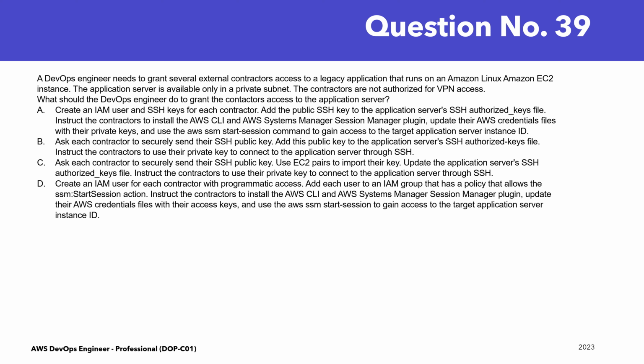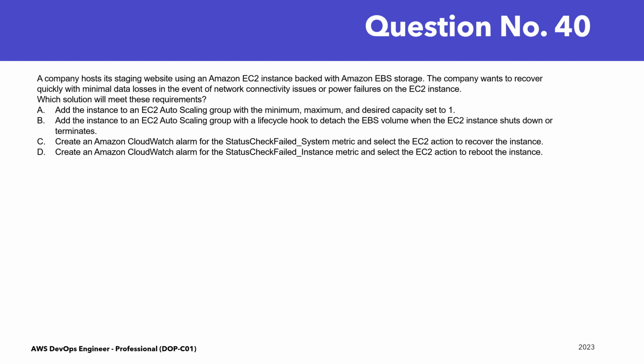Instruct the contractors to install the AWS CLI and AWS Systems Manager Session Manager plugin, update their AWS credentials files with their access keys, and use the AWS SSM start-session command to gain access to the target application server instance ID.